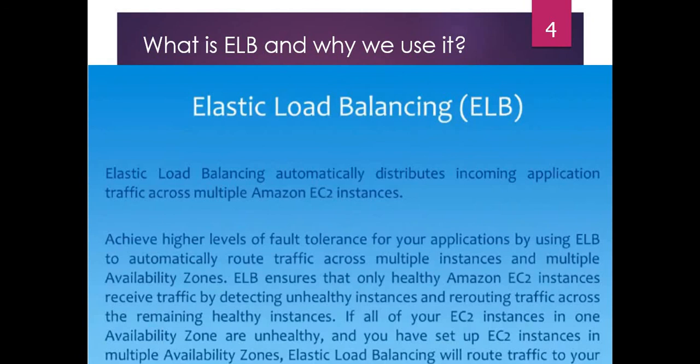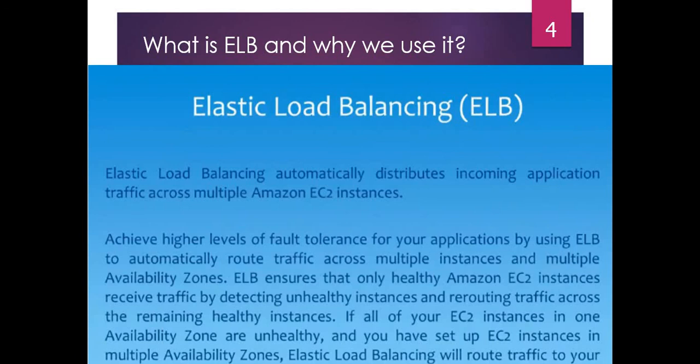Why should we choose multiple availability zones? Suppose one instance is not available or unhealthy, then it routes the traffic to another instance, to achieve high availability. To achieve high availability, we should use multiple availability zones.